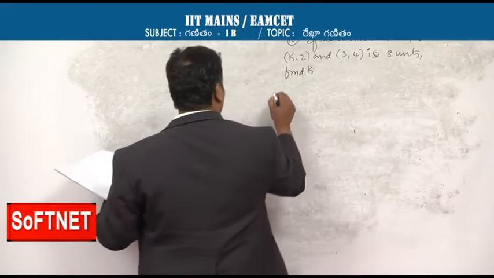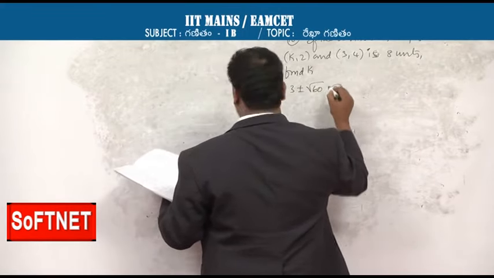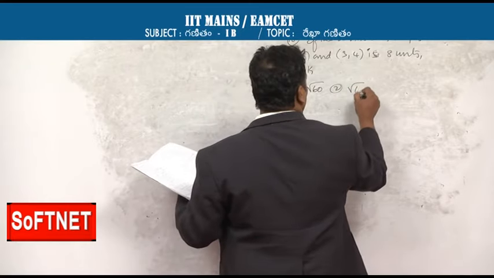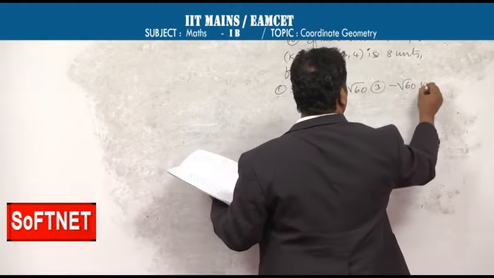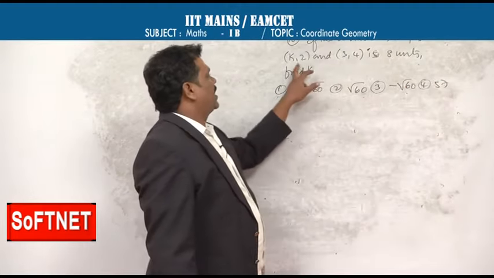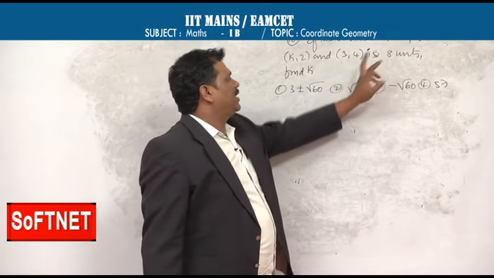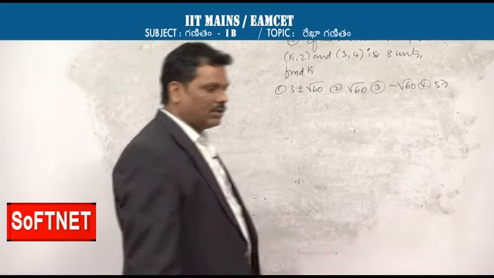Find k. First one, 3 plus or minus root 60; second one, root 60; third one, minus root 60; fourth one, 57. The distance between the points k comma 2 and 3 comma 4 is 8 units.